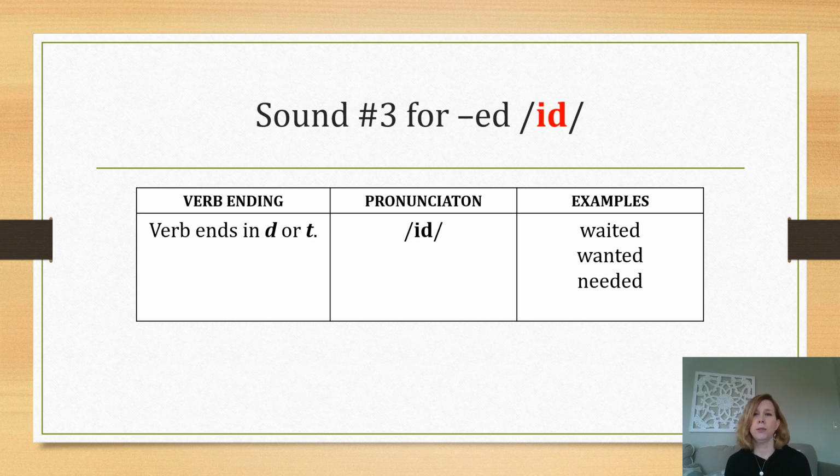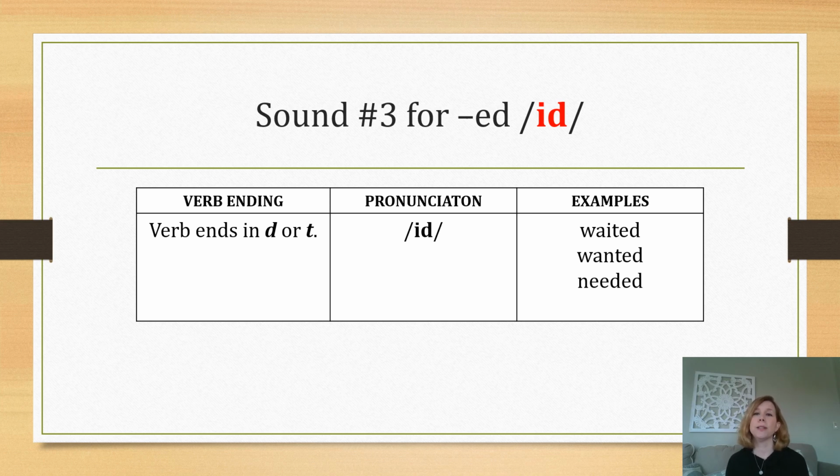The third sound ed can make is id. This is probably the easiest rule. It is for verbs that end in d or t sounds. So, looking at our examples on the right, we have waited, wanted, needed.